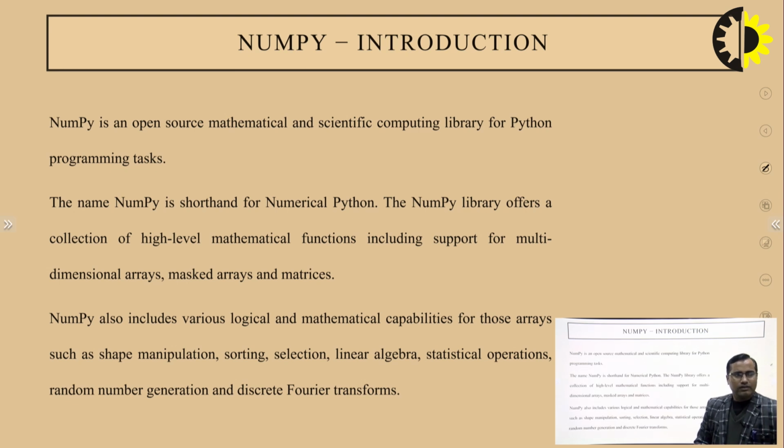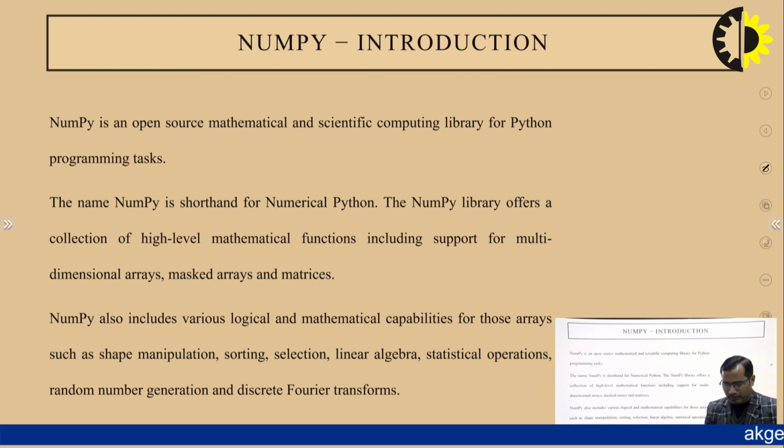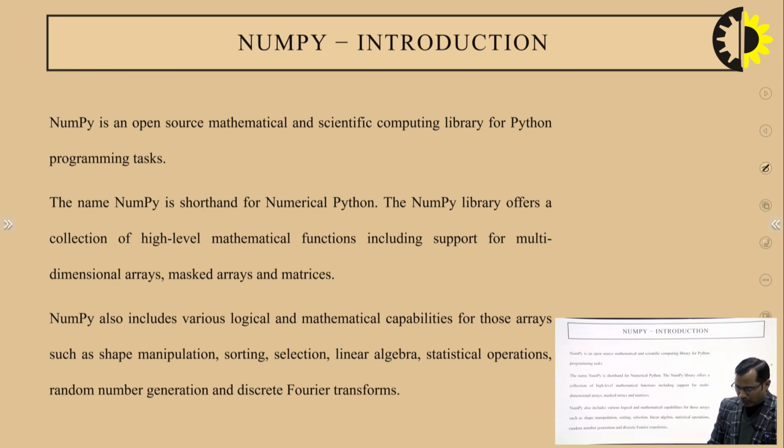NumPy also includes various logical and mathematical capabilities for those arrays, such as shape manipulation, sorting, selection, linear algebra, statistical operations, random number generation, and discrete Fourier transformations. That means this module can be used to perform complex manipulations and calculations on large data sets.